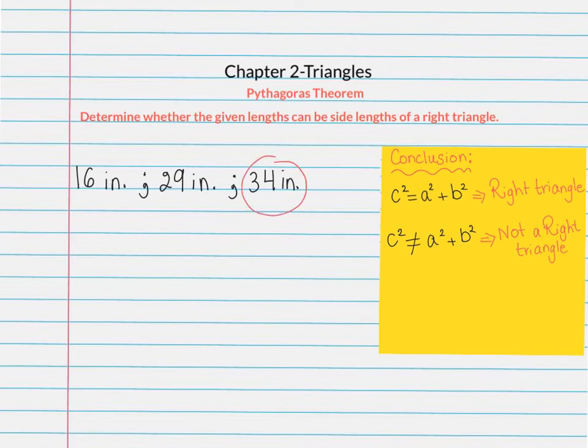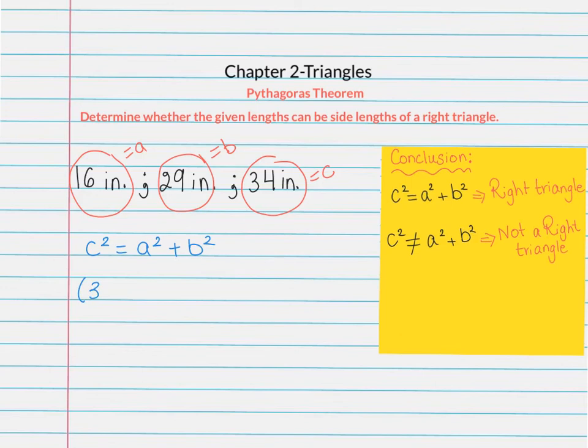This is our c. Now, as we agreed, it doesn't matter which one is a and which one is b as long as we identified c. Now, the only test for a right triangle is the Pythagoras theorem. So we're going to write c squared is equal to a squared plus b squared.